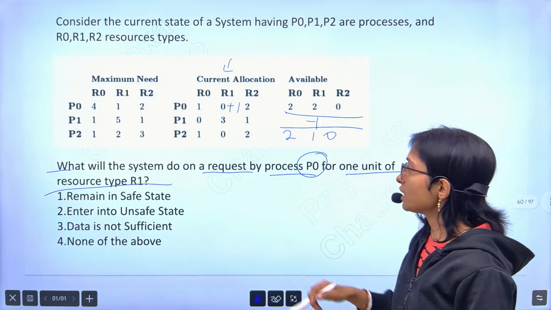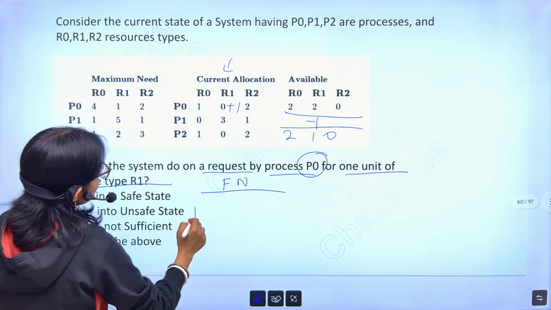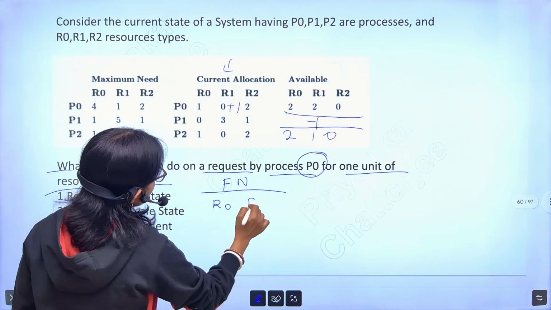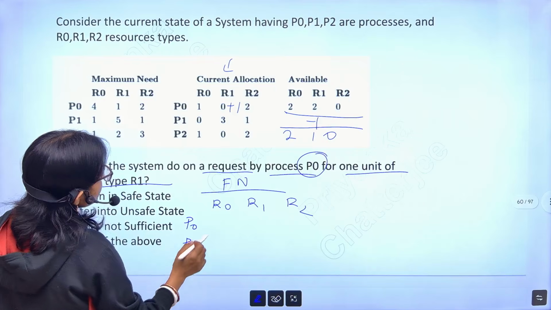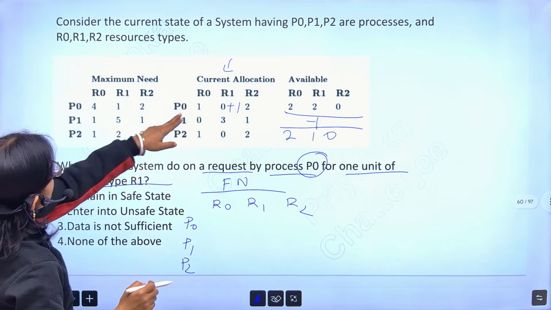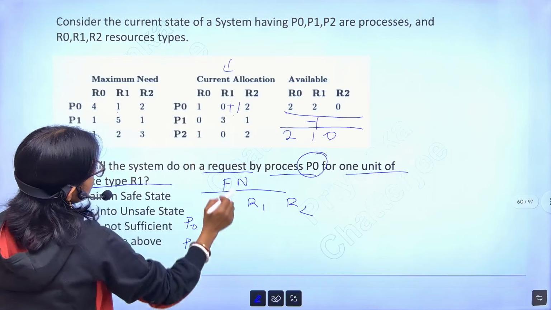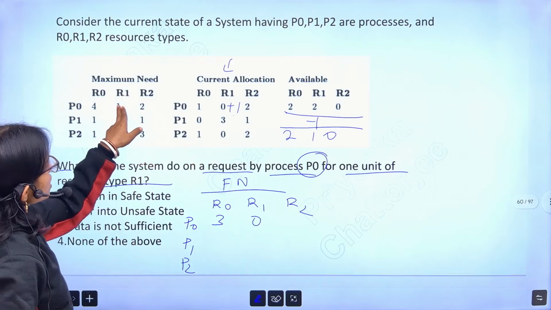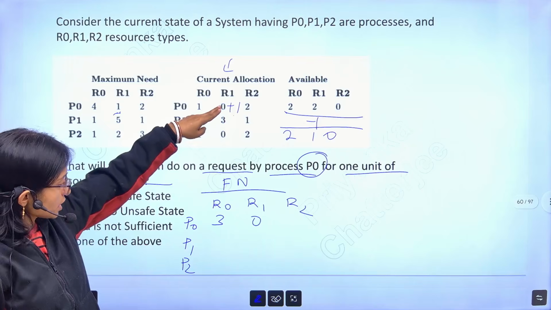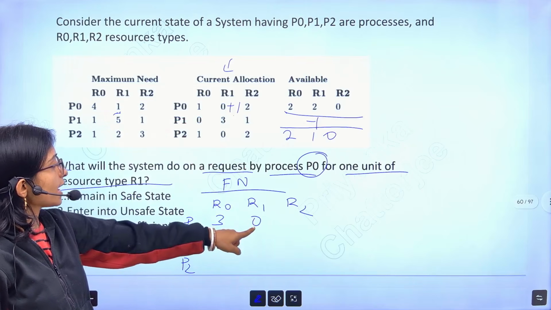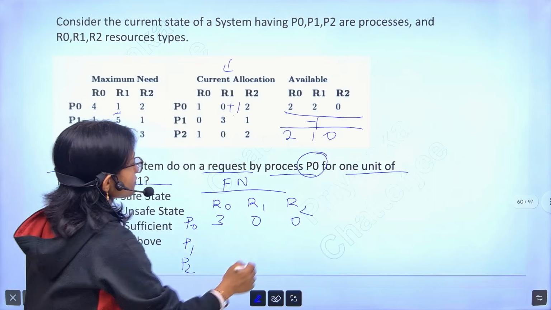And your future need, same way you have to calculate your future need. Your future need will be here R0, R1, R2, P0, P1, P2. Now you will see here, this is same 4 minus 3. Now this is 1 minus 1, this is 0. Because my maximum need was 1 and already this one is allocated. That's why now my future need for R1 is 0. 2 minus 2, 0.